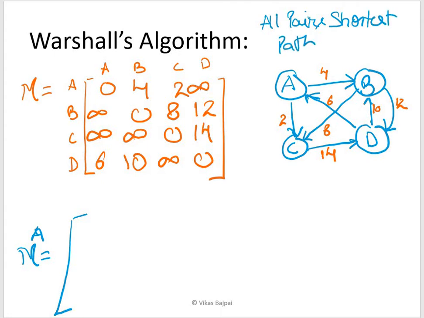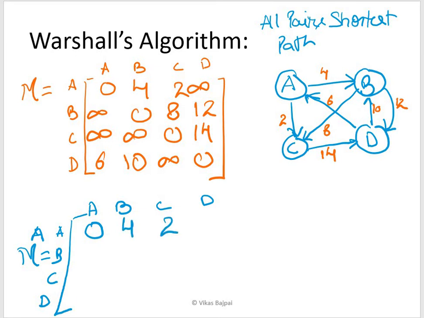Since we are talking about A, I'll keep my first row intact, so 0, because the self loop was already there. Even if my graph has a self loop, I'll still keep it as 0.